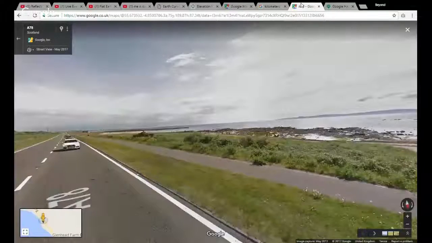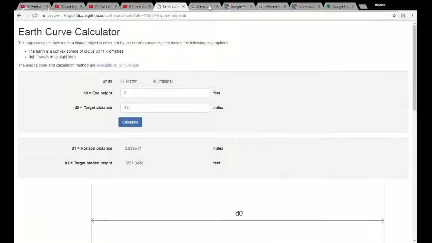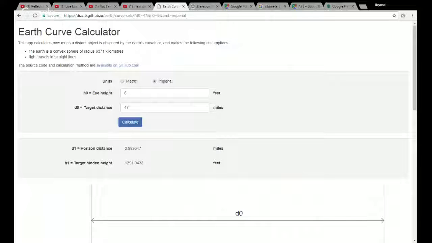We get that right. 62.66, so 38.9 miles. Right. Earth calculator. 38.9, 6 feet. 38.9, calculate 859 feet. Okay, so that is for observation 1.